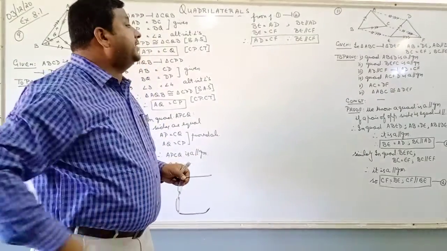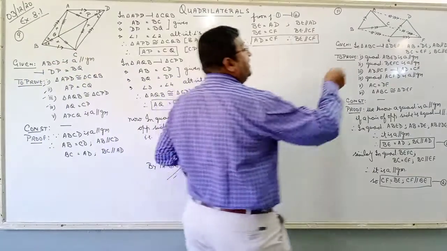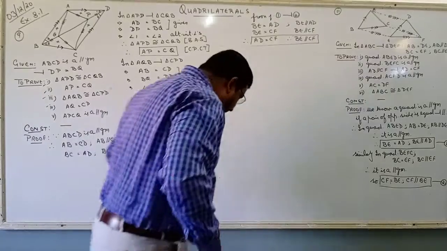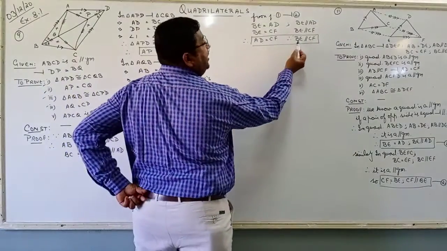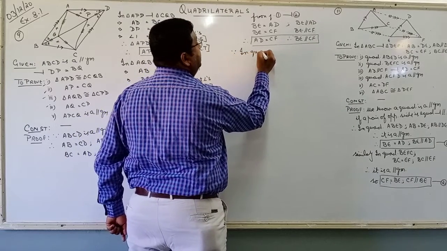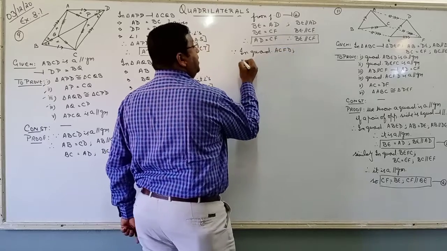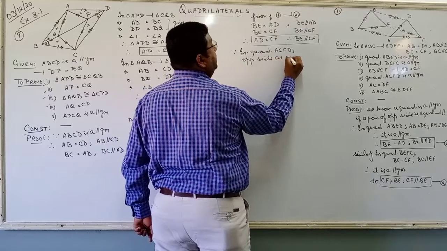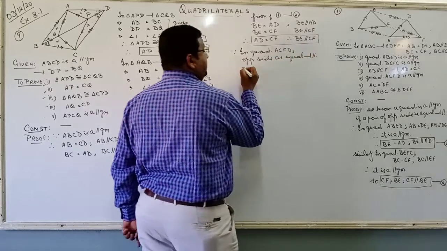Now he says quadrilateral ACFD is a parallelogram. Observe. Where is ACFD? In this, do you find AD equal to CF? Yes, AD equal to CF, because in quadrilateral ACFD, opposite sides are equal and parallel.